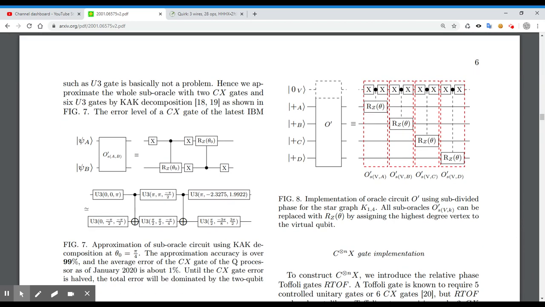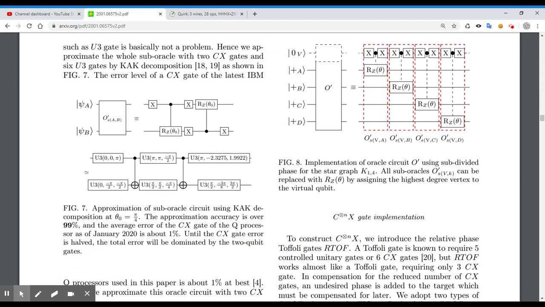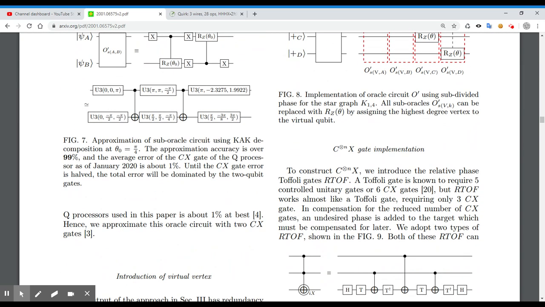Oh, you gotta uncompute that. So basically, hence we approximate the whole sub-oracle with two control X gates and 6 U3 gates by KAK decomposition 18, 19 as shown in figure 7. The error level of a controlled X gate of the latest IBM Q processors used in this paper is about 1% at best.